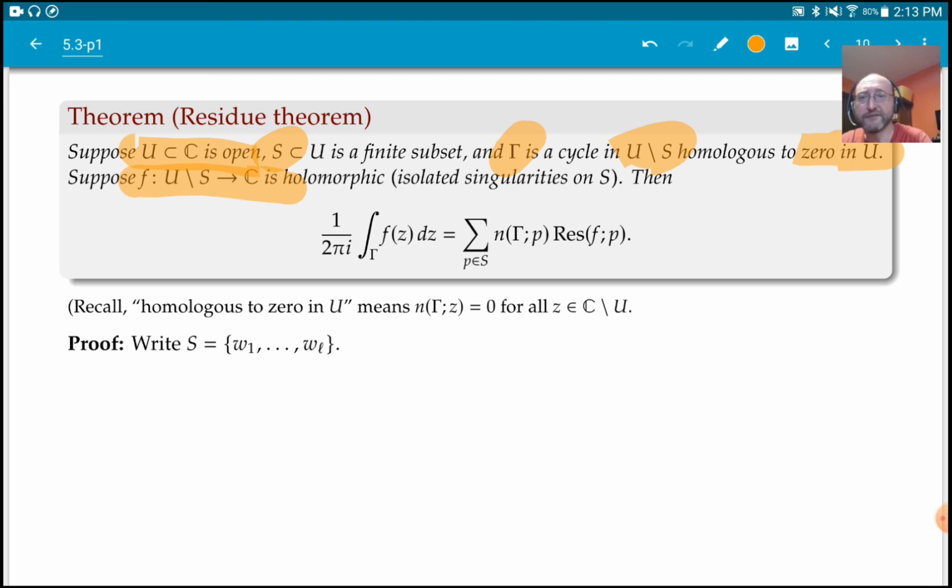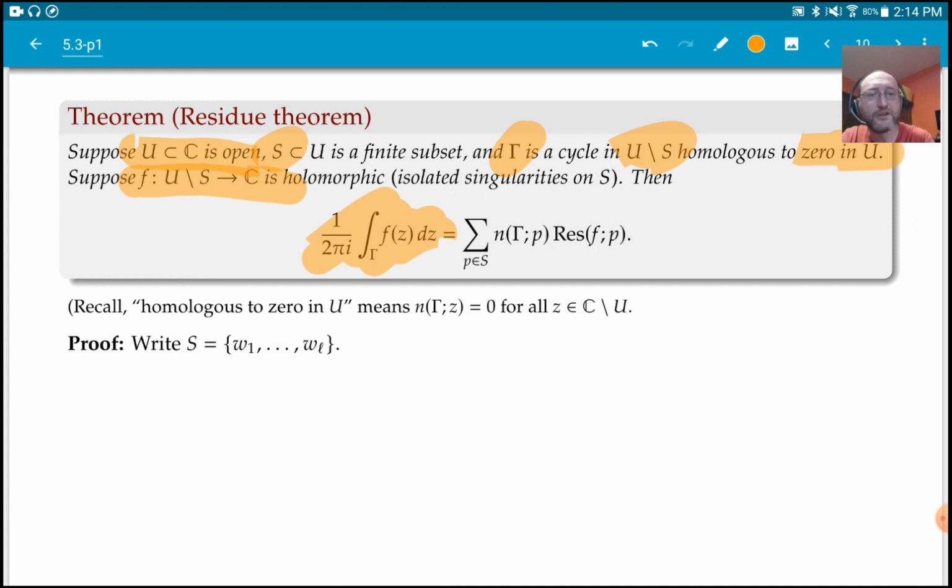It's really a function on U with isolated singularities in U. Then what we have is that the integral, well, we have to put the 1 over 2 pi i somewhere, so we're going to put it here.